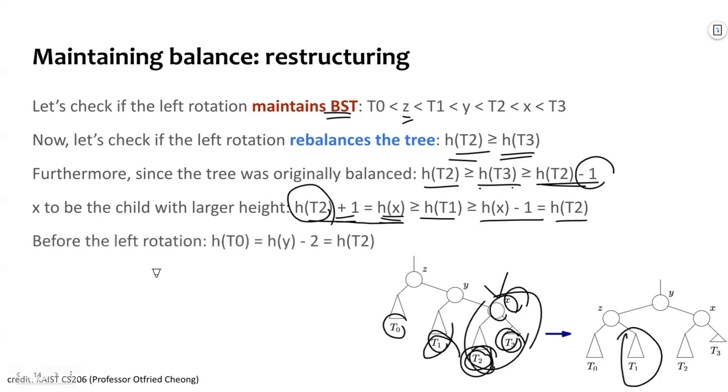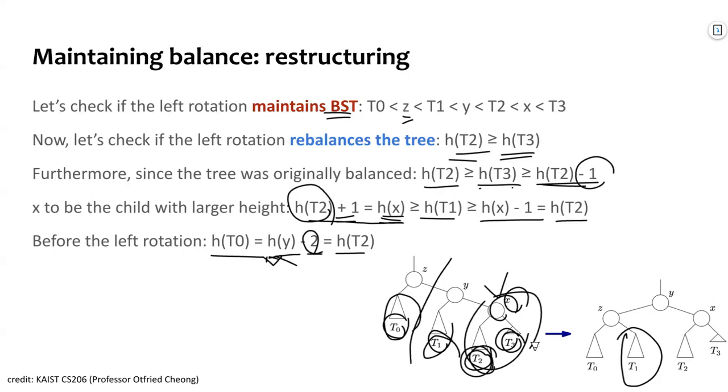And before the left rotation, the height of T0 was height Y minus 2, which is the height of T2 minus... H2. Why is the height difference 2? Because it became unbalanced, and that's why we are considering this case.